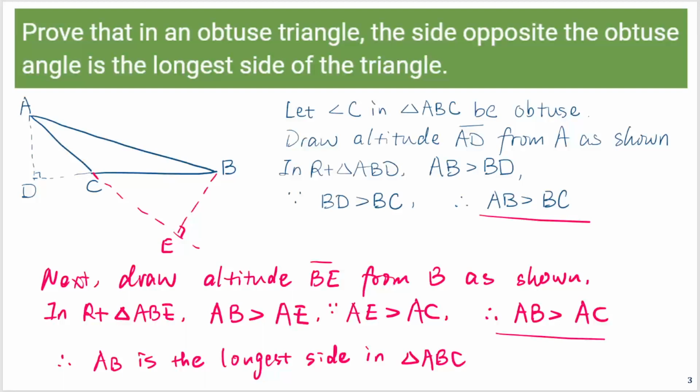Did you get it? It's not that difficult in an obtuse triangle as well. In summary, in an obtuse triangle, the side opposite the obtuse angle is also the longest side of the triangle.